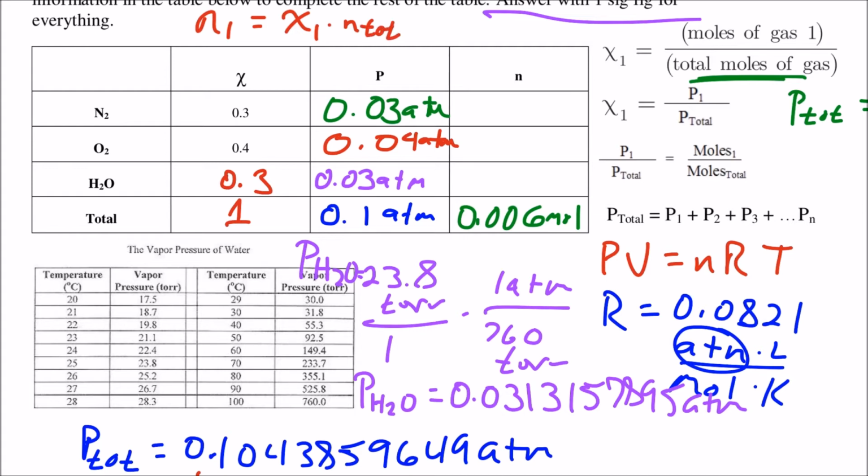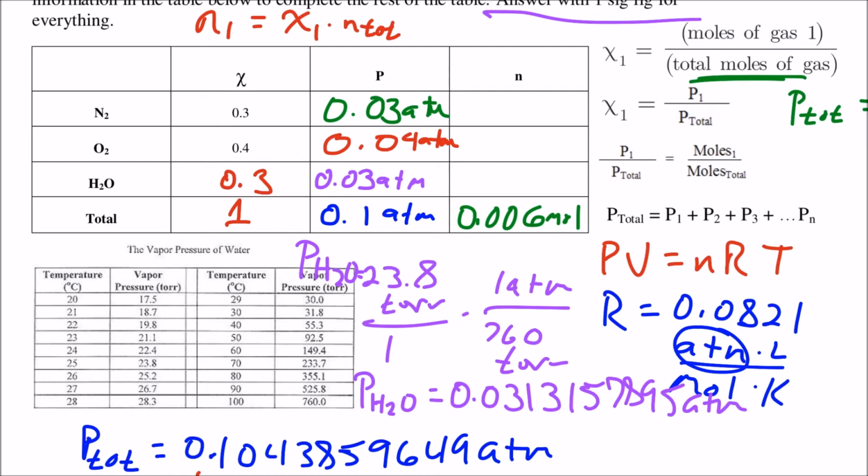Okay, so we'll take that total number of moles that we just found, not the sig fig version, but the full number, and we're going to multiply that by the mole fraction so that we can get our individual number of moles. And again, nitrogen and water have the same mole fraction, which means they're going to have the same individual number of moles.